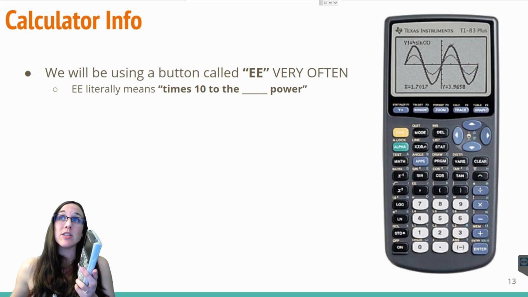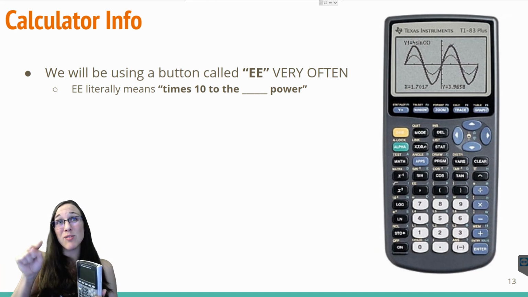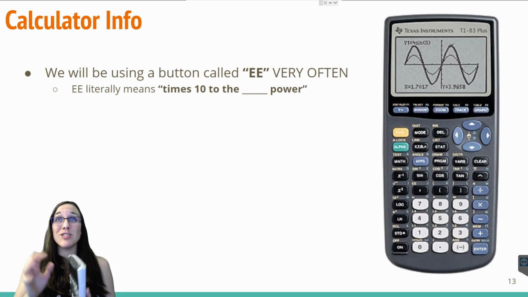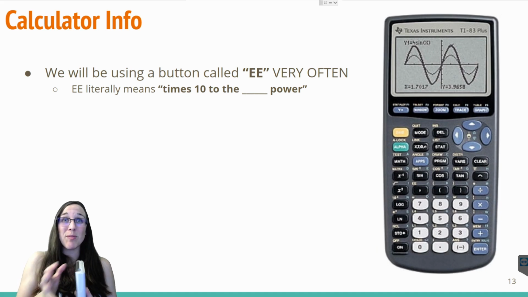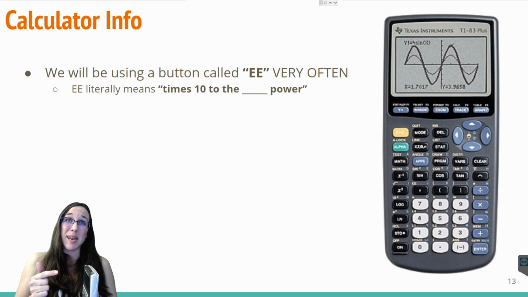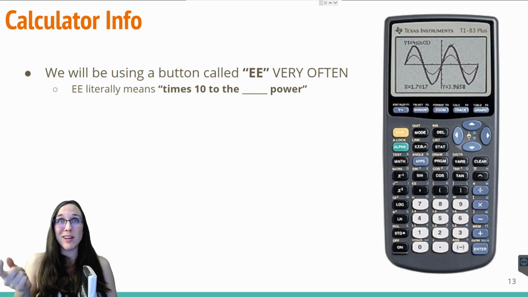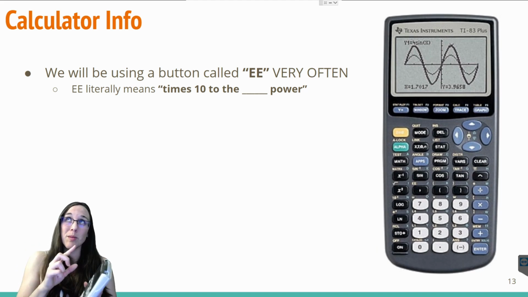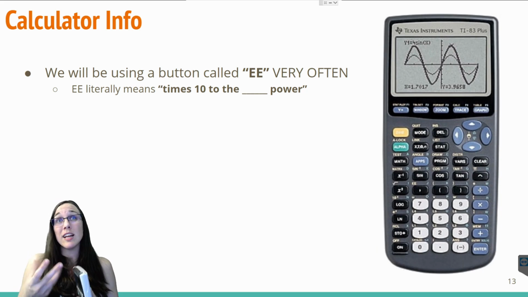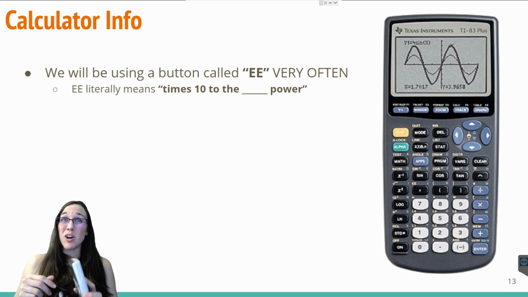So instead of having to do a very large number or a very small number and having 10 raised to a caret and some value in parentheses and all that other jazz, we just use EE, and that replaces that whole gobbledygook, saves you time, and doesn't have as many calculation errors, because if you forget a parentheses, the calculator's not smart enough to know what you wanted it to calculate, and it calculates without the parenthesis and multiplies it by something else, and then you get a wrong number and you're really frustrated. So EE is the easy way to go here. So we're going to use EE because it's easy.